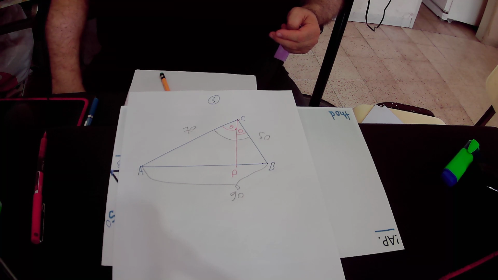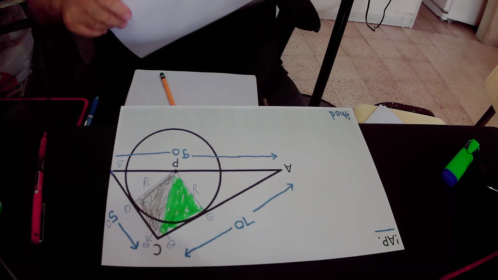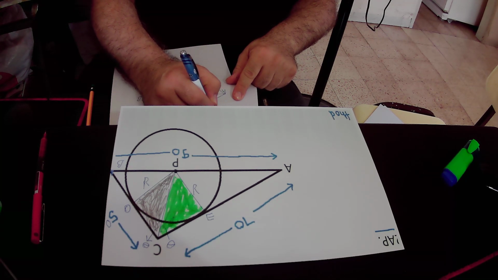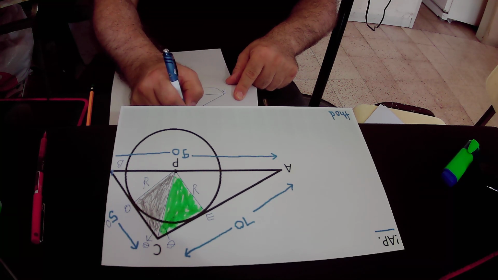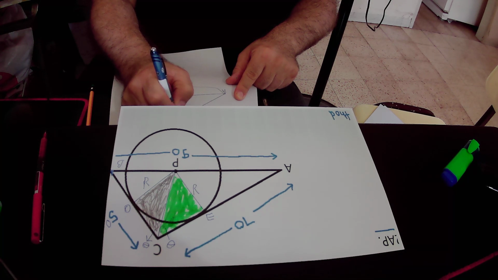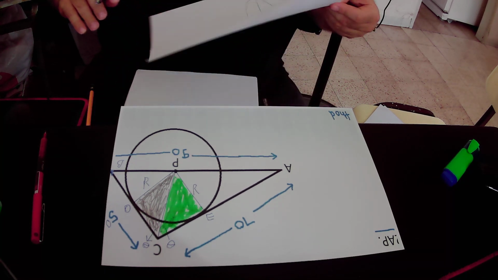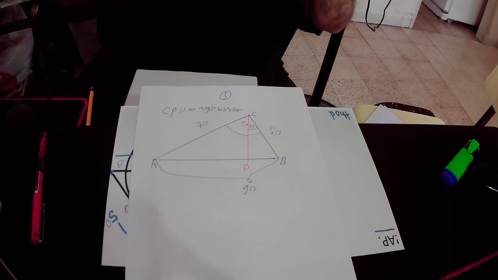So we can define CP as an angle bisector. Okay, I will write it. CP is an angle bisector because it divides angle ACB of the triangle into two halves.